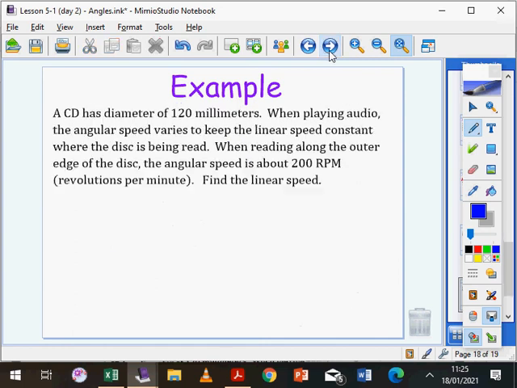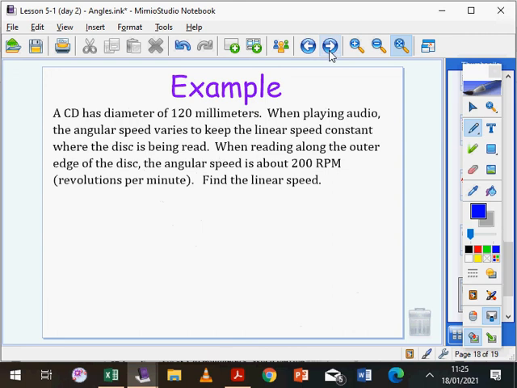Last one. A CD has a diameter of that. When playing audio, the angular speed varies to keep the linear speed constant, where the disk is being read. When reading along the outer edge of the disk, the angular speed is about 200 RPM, right? 200 RPM. Find the linear speed.